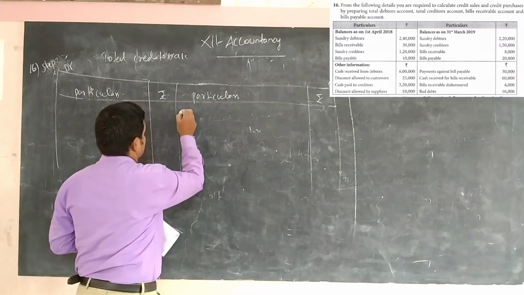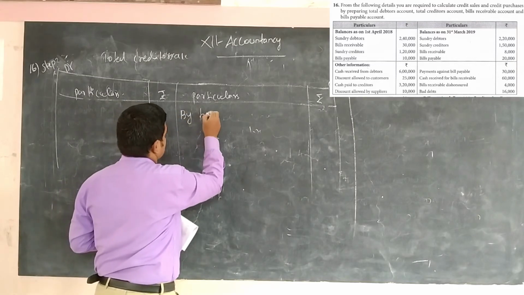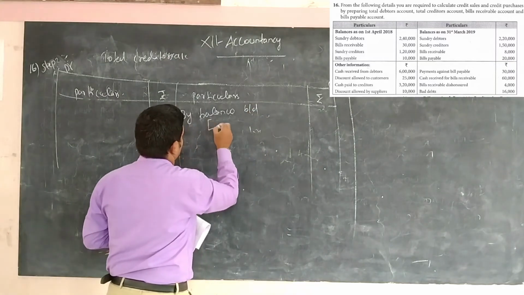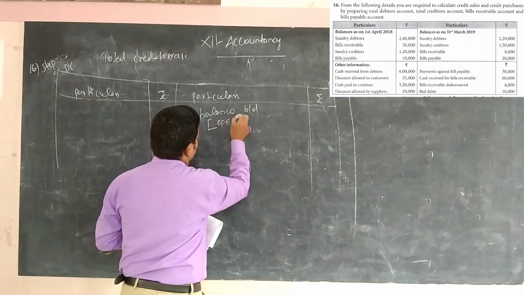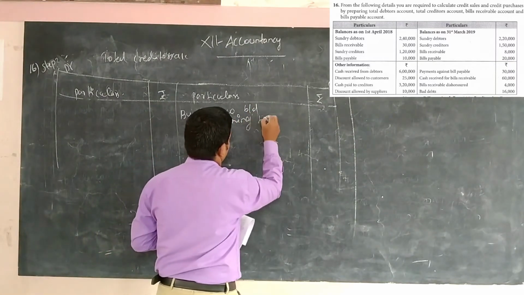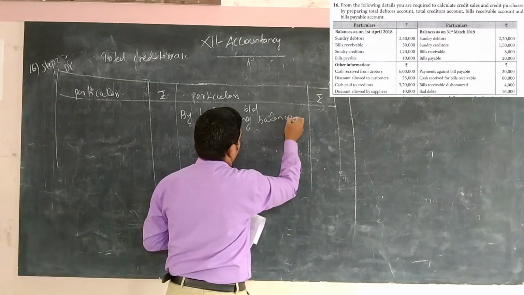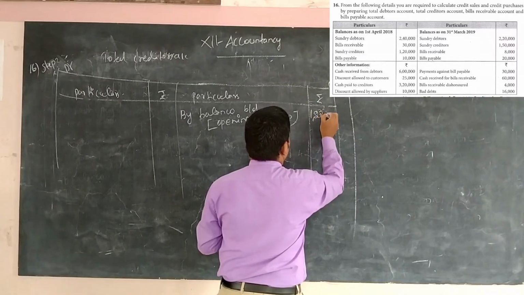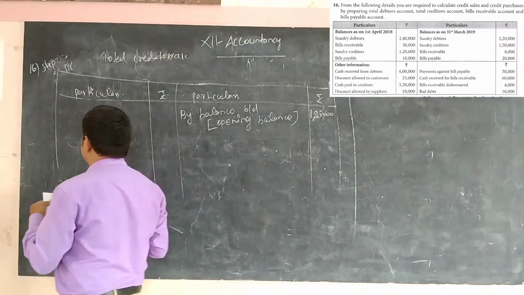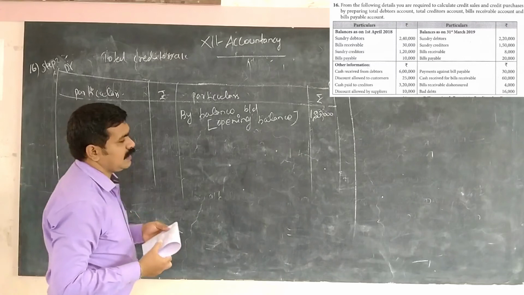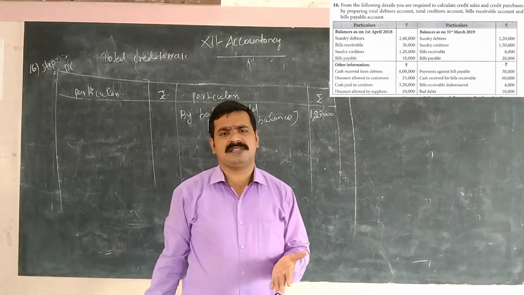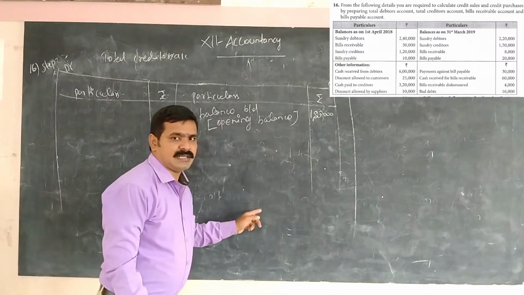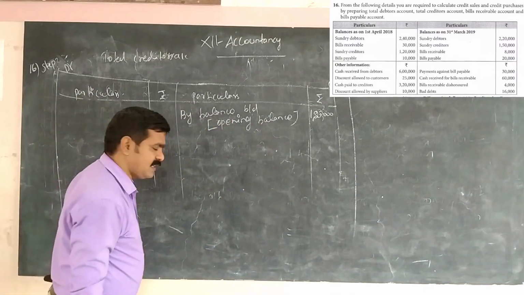So opening balance, by balance brought down, 1,20,000. In any liabilities ledger account, the opening balance comes in the credit side, the closing balance comes in the debit side.